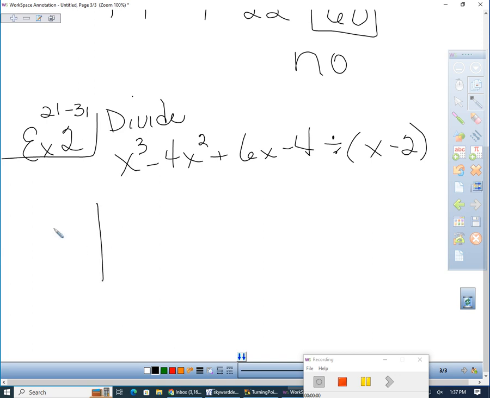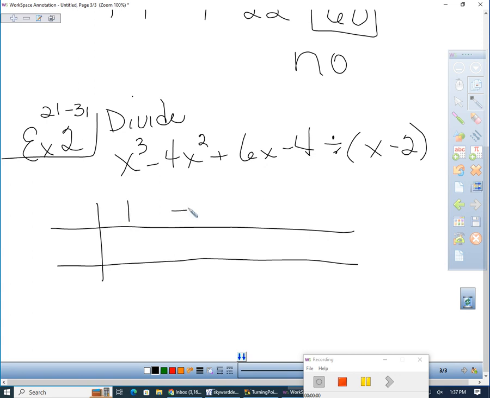So we draw our long one-sided tic-tac-toe. Across the top is 1, negative 4, 6, negative 4. What goes on the outside? Oh, careful. Positive 2, the 0, positive 2. We bring the first number down, which is a 1. 2 times 1 is 2.